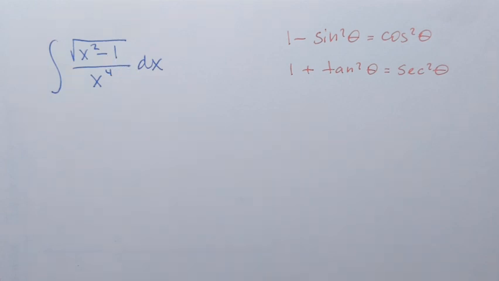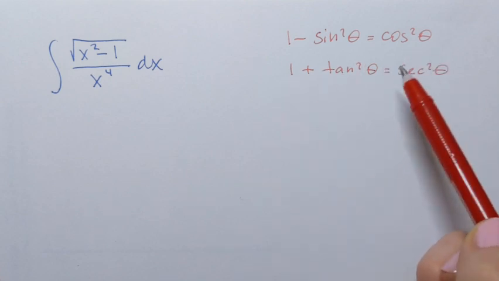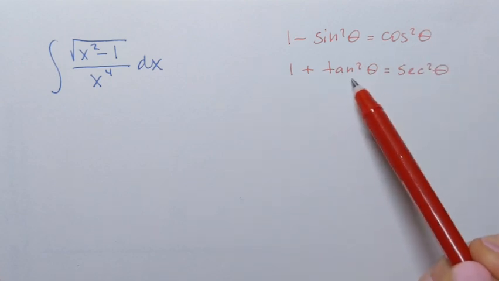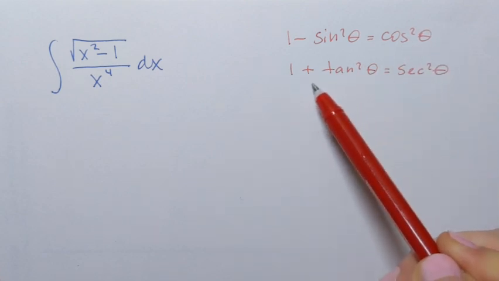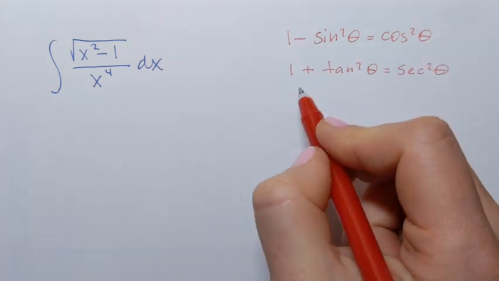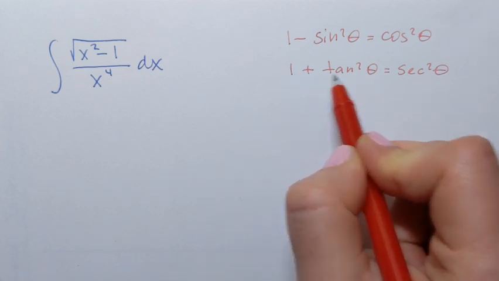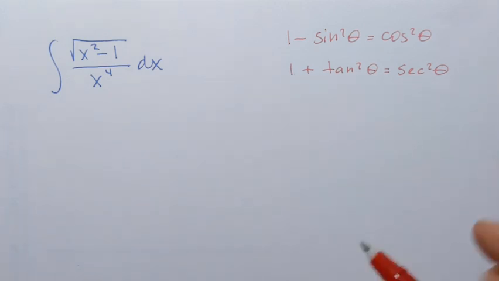But I haven't actually written one more identity that we can obtain from here. If I look at that second one and I subtract 1 from both sides, right, then I'll have secant squared of theta minus 1. I haven't written that one yet. So hopefully you can follow, minus 1, and I'm also swapping sides.